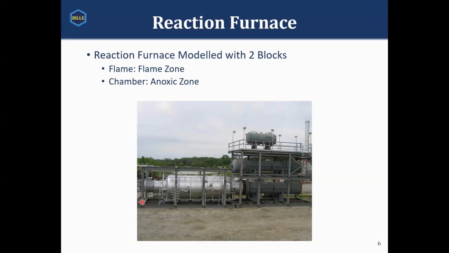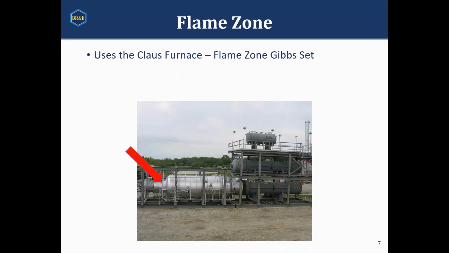And like I said, we're going to have to model this with two different blocks. We will have a block representing just the flame zone and one for the chamber, which will use an anoxic zone reaction set. When we model the furnace, where my arrow is pointing, we're modeling the flame zone.